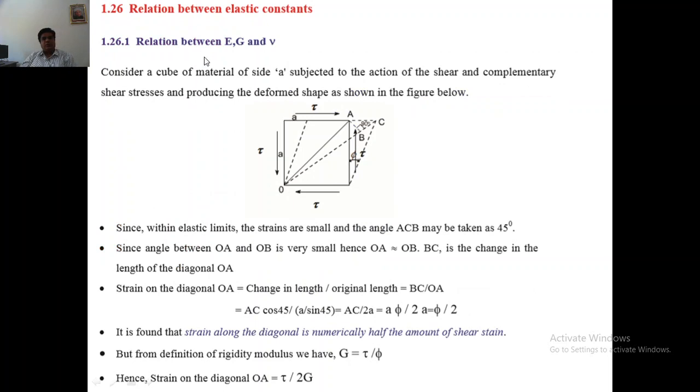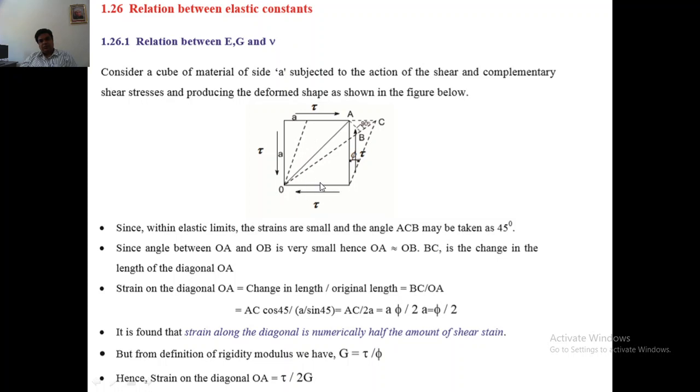You have to understand one more thing: a small derivation where we will establish the relationship between Young's modulus, rigidity modulus, and Poisson's ratio. We take the Young's modulus, the rigidity modulus, that is shear stress and shear strain, along with the Poisson's ratio.